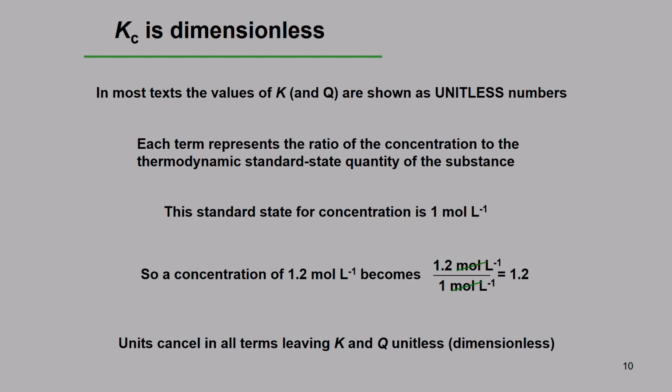If we have a concentration of 1.2 moles per liter, then we divide by that standard thermodynamic state of 1 mole per liter, and that gives us a value of 1.2, not 1.2 moles per liter. So that means that all of our units for concentration in K and Q cancel each other out, which leaves K and Q as dimensionless numbers.